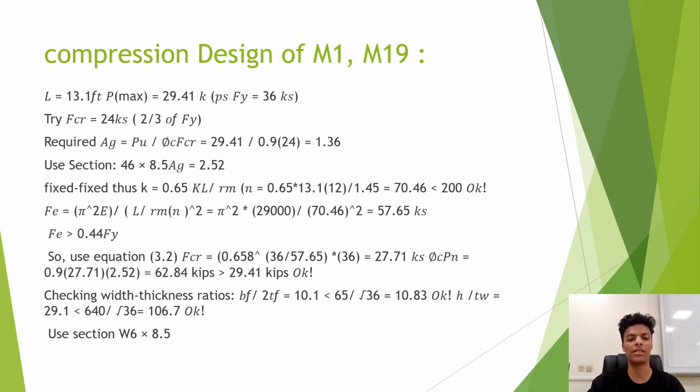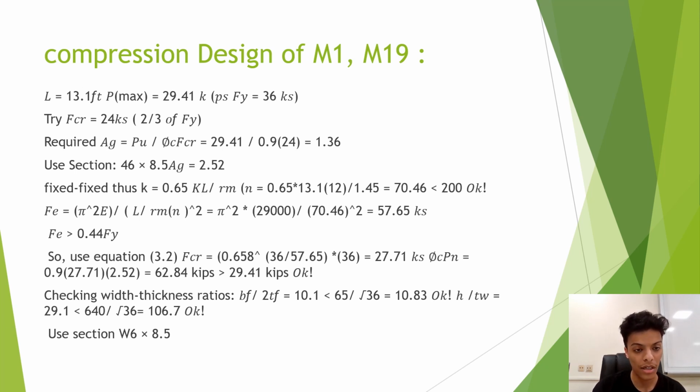In our truss, the support is fixed in both ends, thus the K is equal to 0.65. Then we found the KL over RM. For the N value, we calculated and found it to be 70.46, which is less than 200, which is okay.